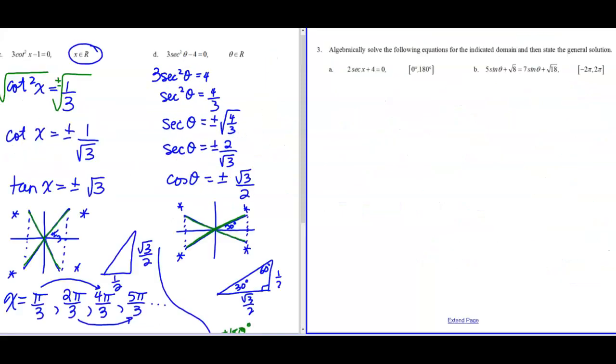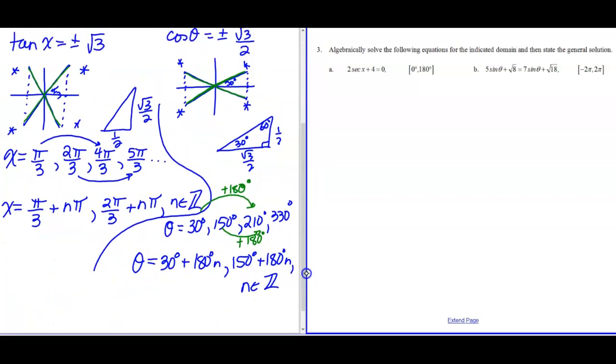You're just stating the solutions between 0 and 180, and then state the general.